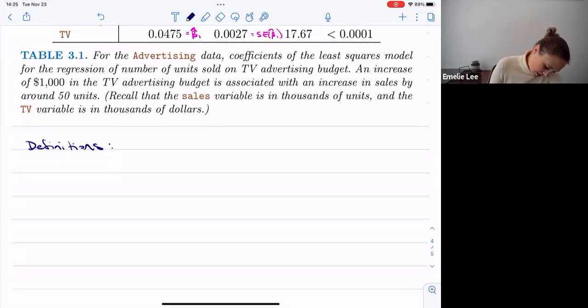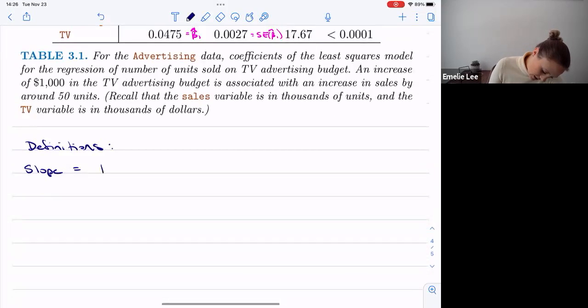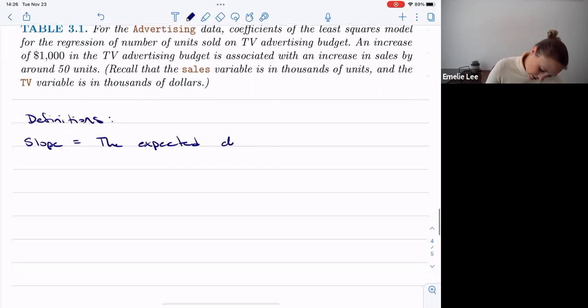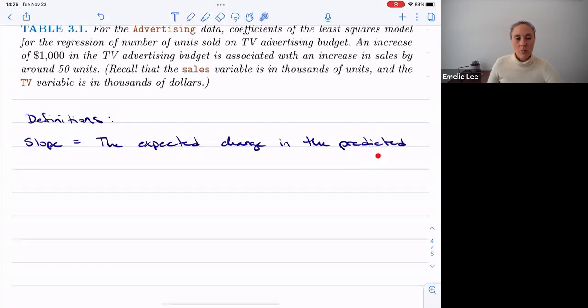And so the slope, we'll start with the slope, is the expected change in Y, or in the predicted value of Y, with a unit increase in X. So it's the expected change in the predicted value of Y. I'm a little bit redundant here, but I'm not going to worry too much about it, because the predicted value is the expected value.